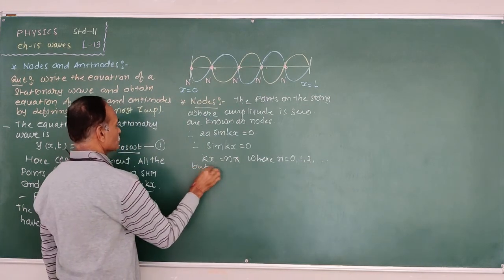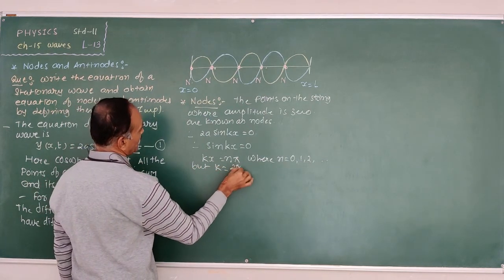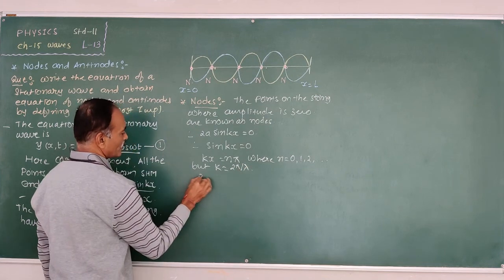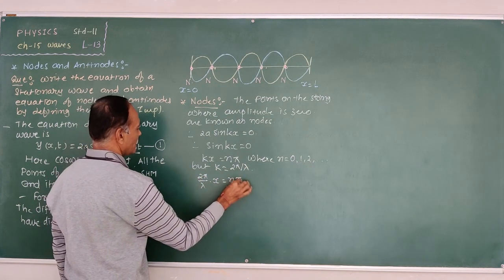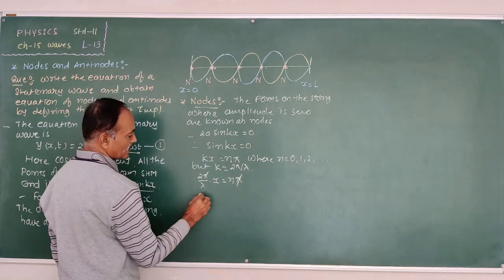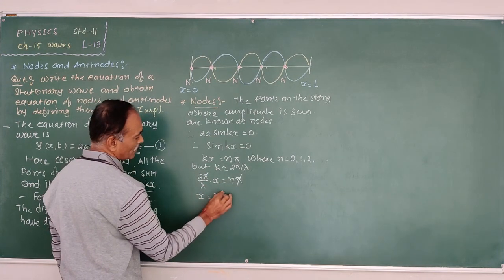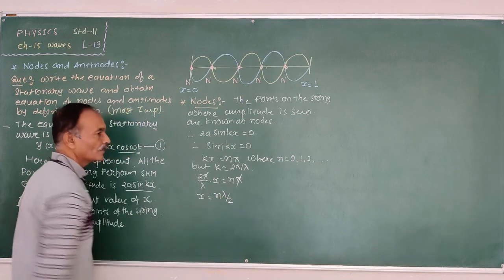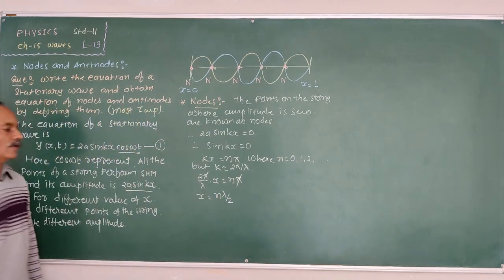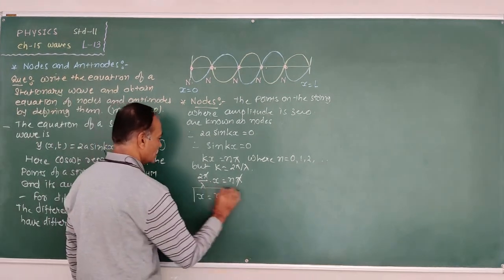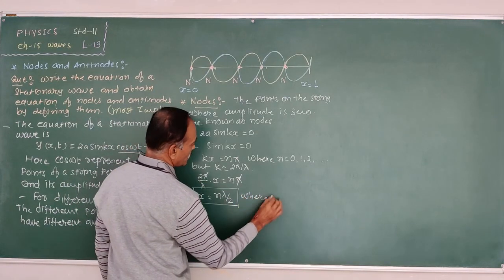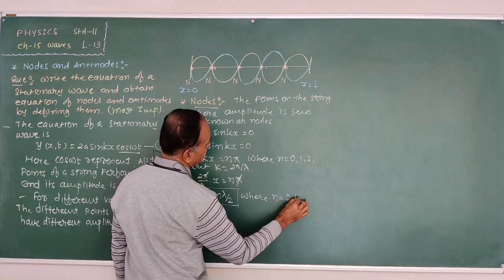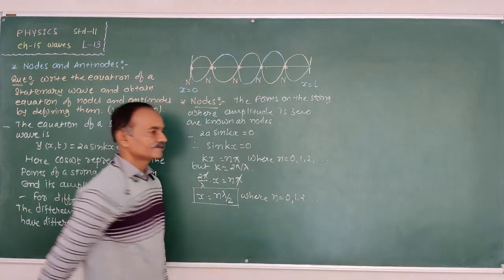But k is also 2 pi upon lambda. Therefore, 2 pi upon lambda into x is equal to n pi. Pi cancels. Therefore, x is equal to n lambda by 2, where n is equal to 0, 1, 2, and so on.